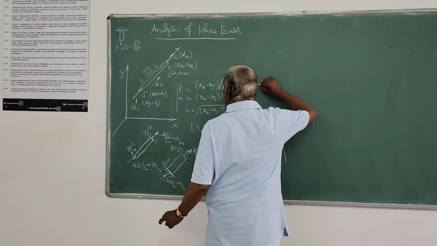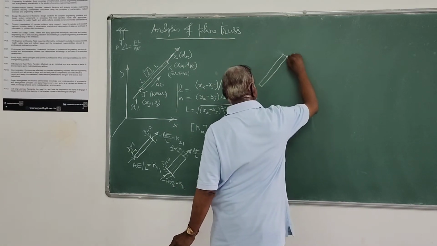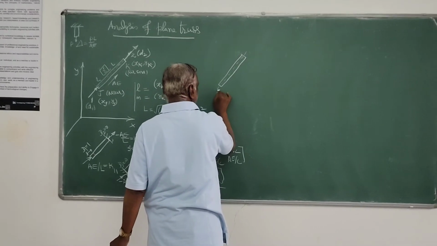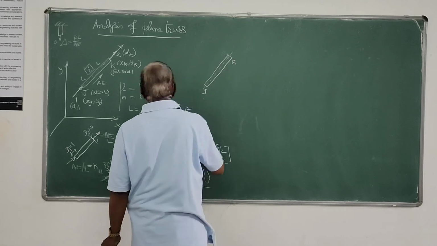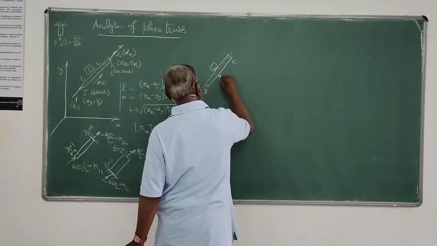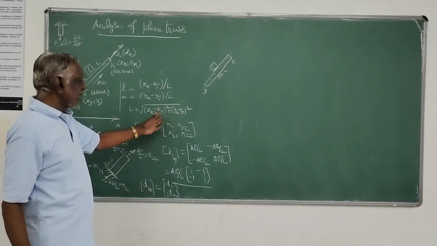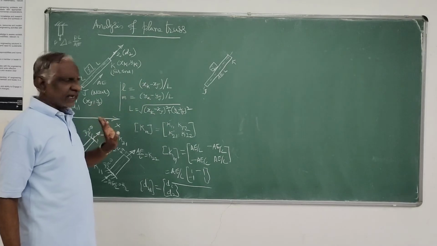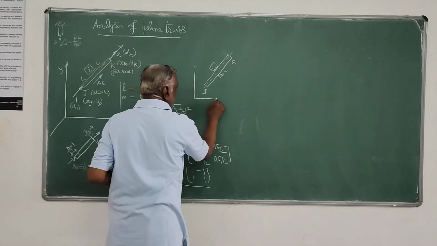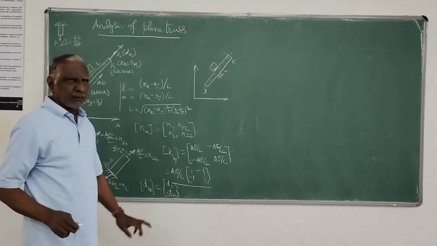Now I will take the same element, that is the plane truss element, in global coordinates. The same j, k element having the same axial rigidity, length L, having the same direction cosines l and m, we will take it like that. But in the global coordinates, let us determine the element properties.